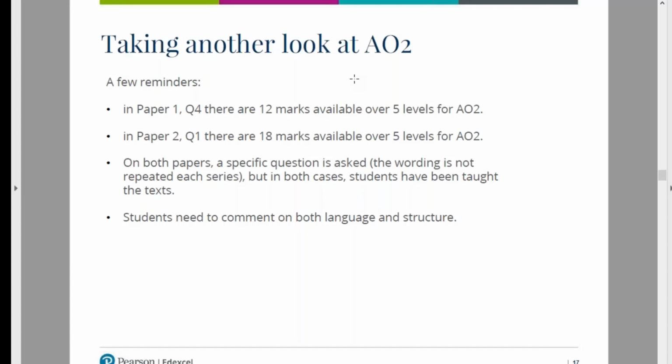So in paper 1, question 4, there are 12 marks for AO2, and paper 2, question 1, there are 18 marks for AO2. On both papers, a specific question is asked. The wording is not repeated each series, but in both cases, students have been taught the text, so they're responding on text which they've been taught. They do need to comment on both language and structure.